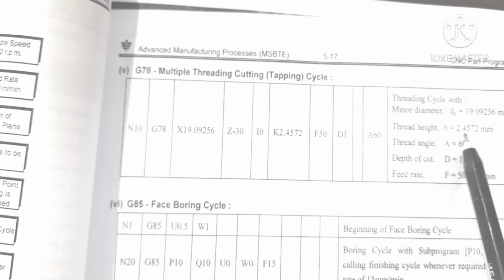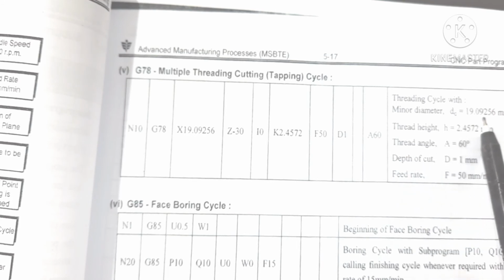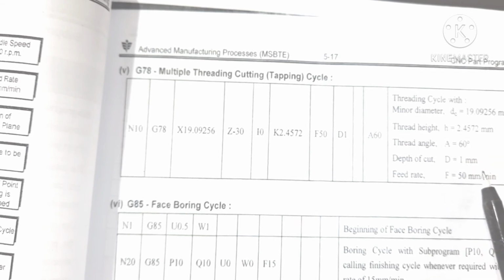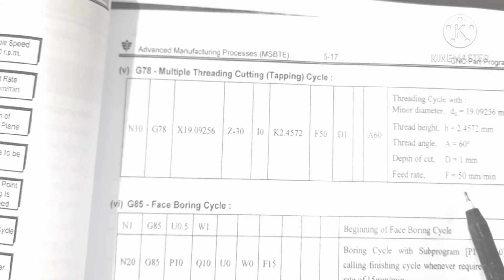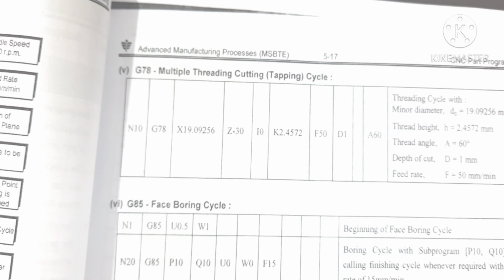Threading cycle with minor diameter, this one. Thread height is this one, and thread angle. Minor diameter is 19.09256 millimeter. Height of the thread is 2.4572 millimeter, and the thread angle is 60 degree. Depth of cut is 1 mm, and feed rate 50 millimeter per minute.